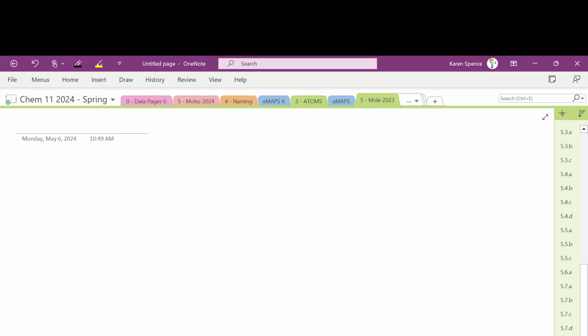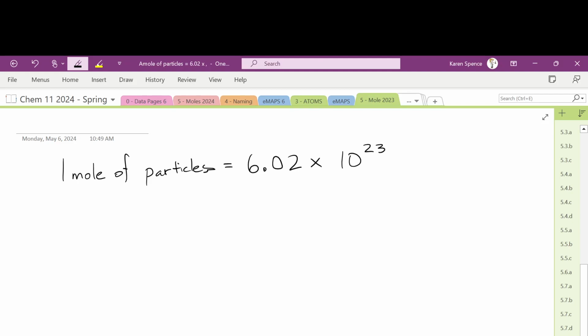So you guys should be able to tell me that 1 mole of particles is equal to 6.02 times 10 to the 23. And I want to point something out to you. Do you remember how your periodic table was as easy as 1, 2, 3?